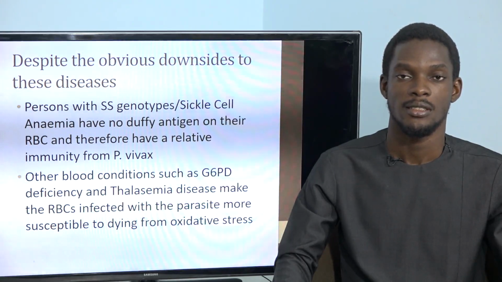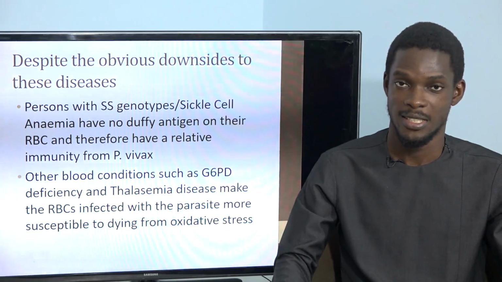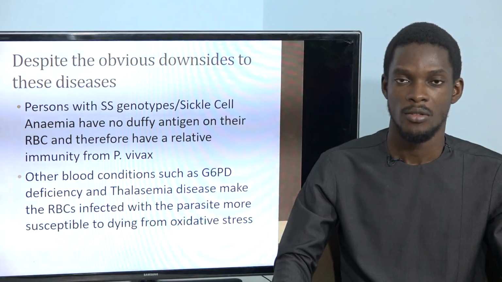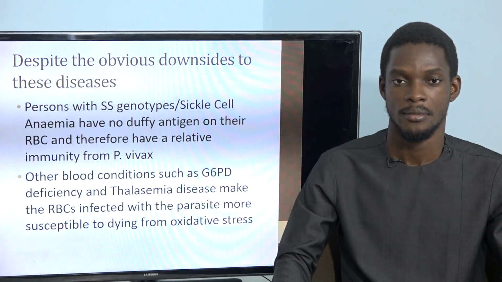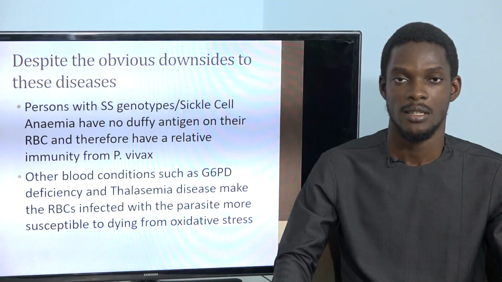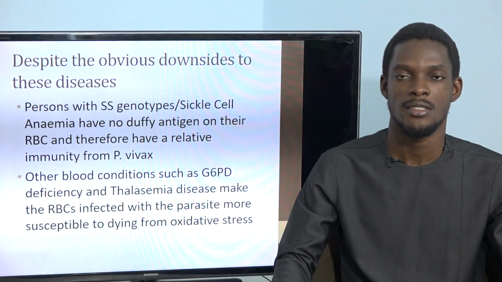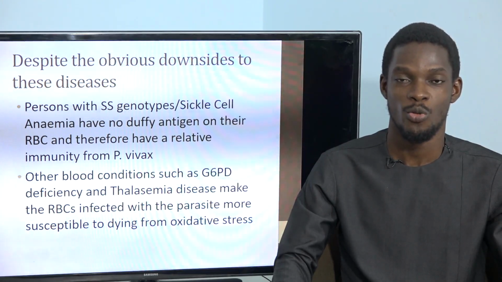That will tell you that although SS has its obvious disadvantages, they do not easily get malaria as opposed to other genotypes. Other blood conditions, including thalassemia and G6PD, make the infected red blood cells undergo an oxidative stress that causes the red blood cell to die, or causes apoptosis on its own.